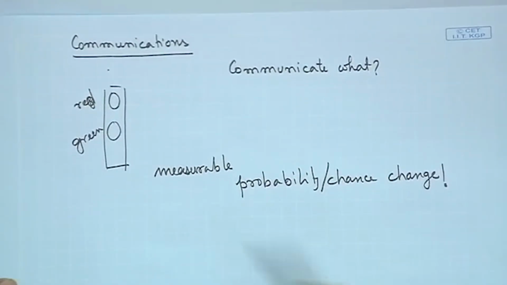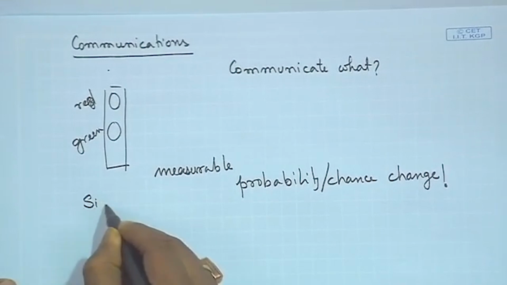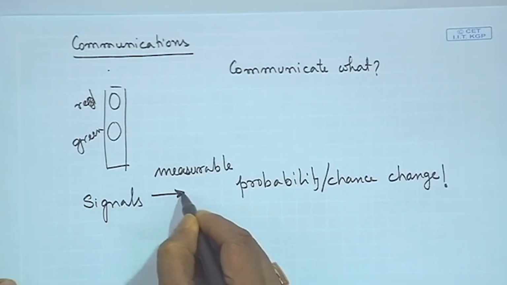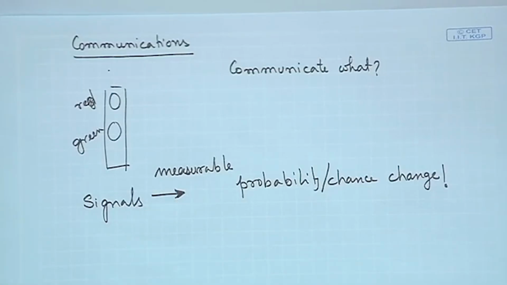And generally we can say that there are signals which have these kind of properties. They are measurable and they do change and there is a chance of changing. If it does not change with time, then there is hardly a point in sending some information about it. Over a very large amount of time, the amount of information you send is negligibly small.